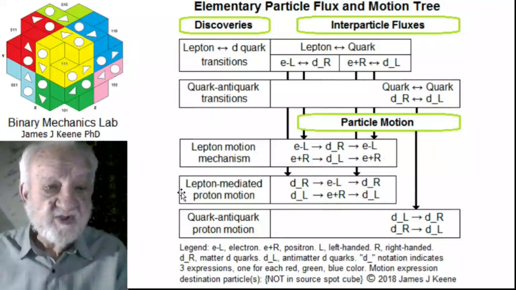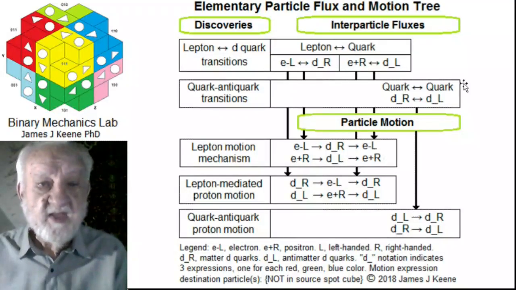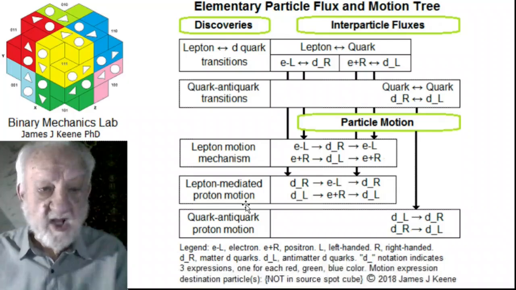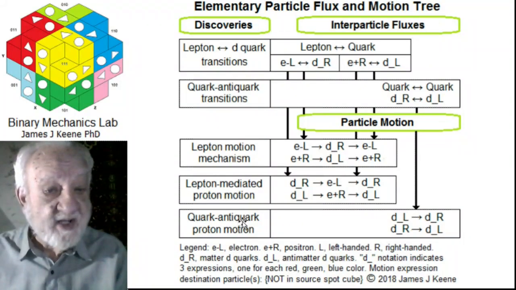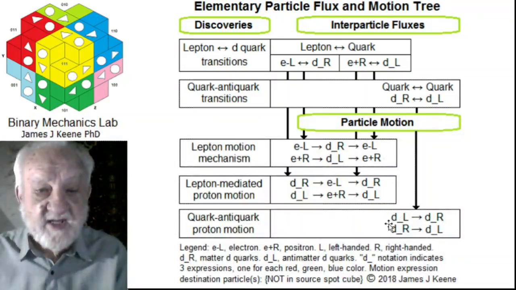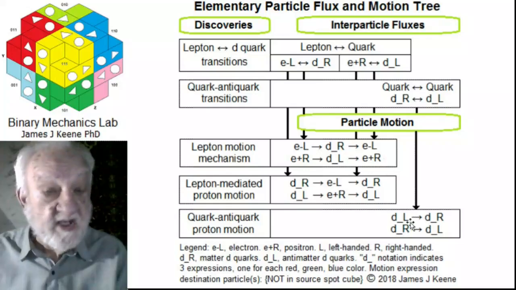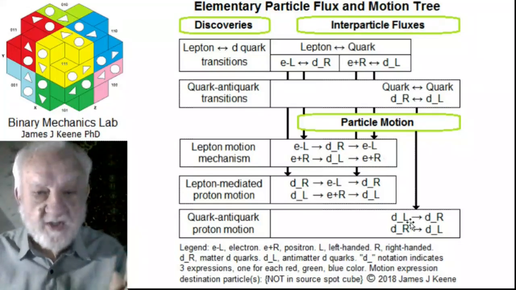Next, we have the discovery of lepton-mediated proton motion, where the above transitions are strung together for lepton-mediated proton motion. Finally, there's the quark-antiquark mechanism of proton motion, where the antimatter d quarks can directly exchange one-state quanta with the right-handed and vice versa.